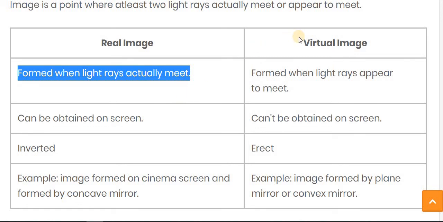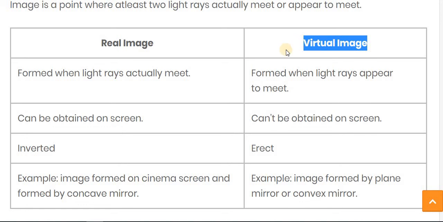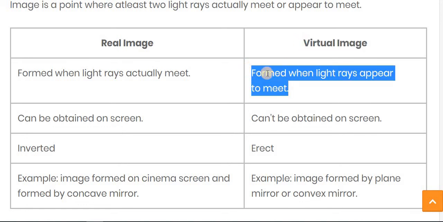Whereas a virtual image is formed when the light rays appear to meet, meaning they do not actually meet, but we can feel that they appear to meet. Whatever image is formed in that case, we consider as a virtual image.